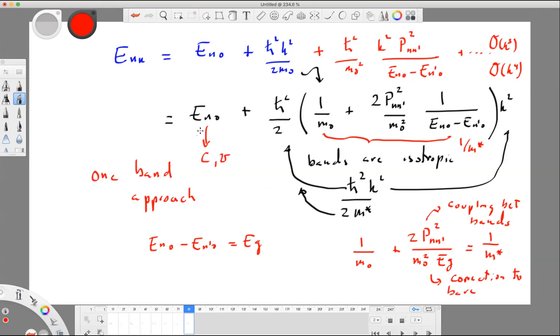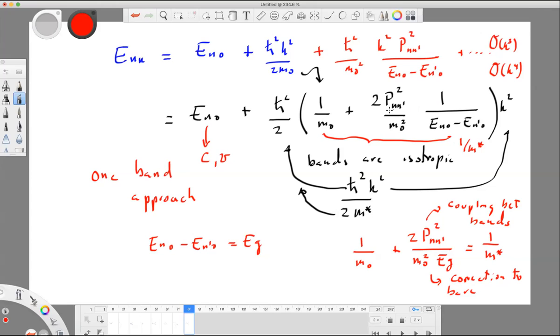So we fix one of them and include the effect of the other one here. Or this could be n prime, and then this would be n here, and so we would be addressing the conduction band or the valence band depending on the ordering of what I put here and what I put here. So this is the one band approach. We won't have time to address that problem.